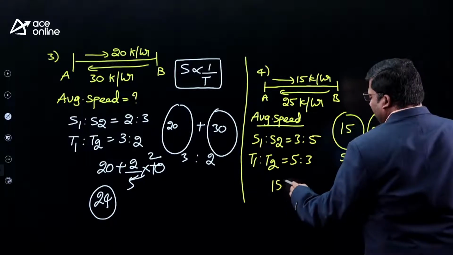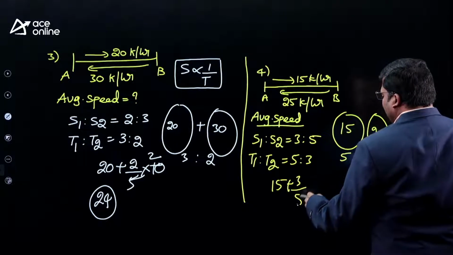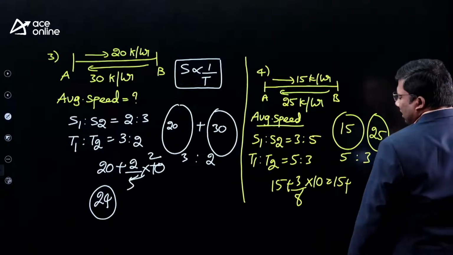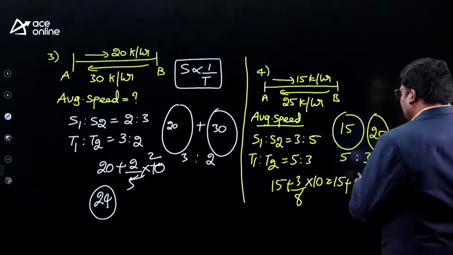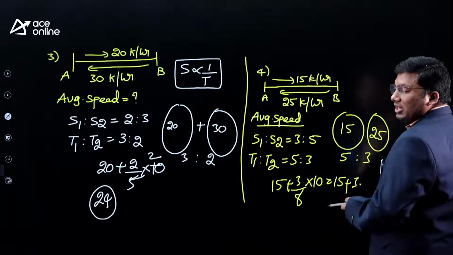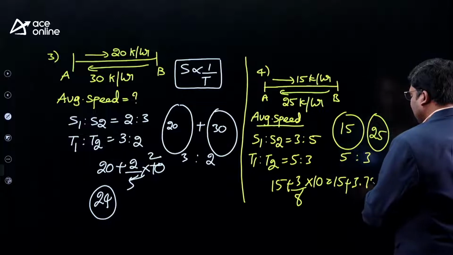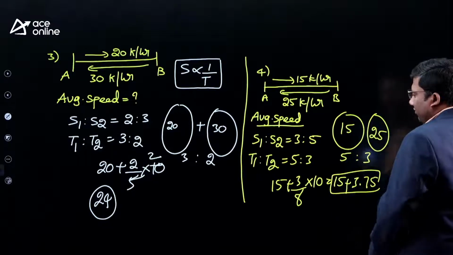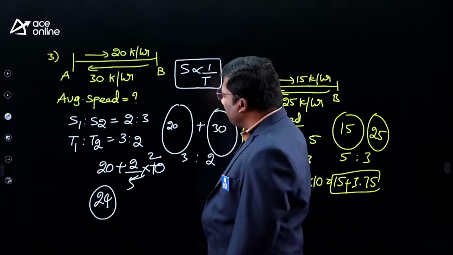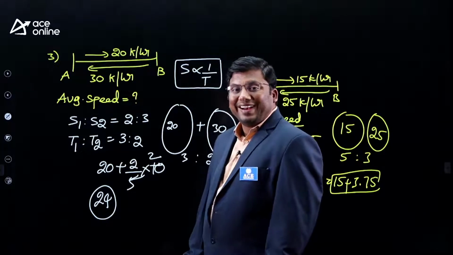So answer will be 15 plus 3 by 8 into 10. 15 plus 30 by 8. 30 divided by 8 is 3.75. Answer is 15 plus 3.75. Answer is 18.75. Is the idea clear?